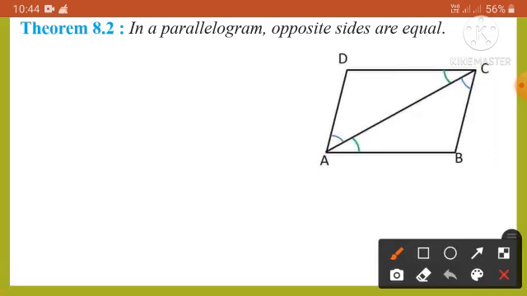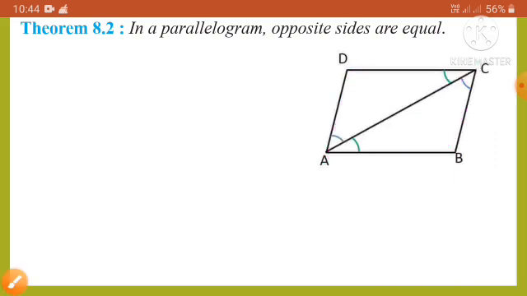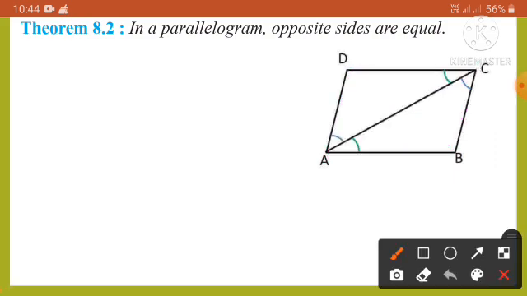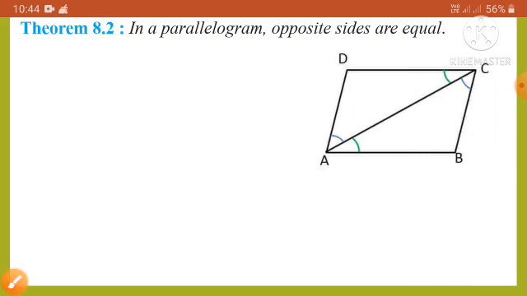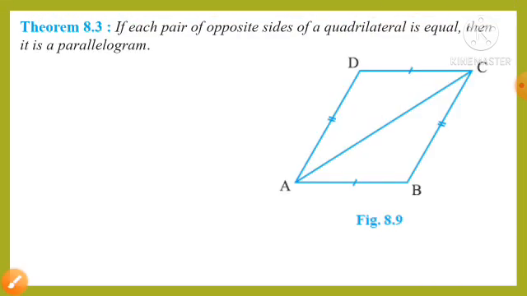Once it is proved that triangles ABC and ADC are congruent, we can easily say that AB equals CD and AD equals BC by the CPCT rule. Hence proved that in a parallelogram opposite sides are equal. Go to the next theorem. Now the next theorem is 8.3.